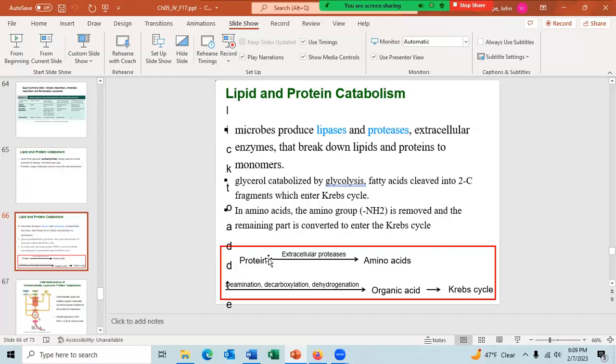So the protein can be digested into amino acids outside the cell, and then we continue with what we happen to do with lactic acid fermentation. You convert that into lactic acid. I sort of diagrammed it, and I'm not talking about it here, but let's go back.